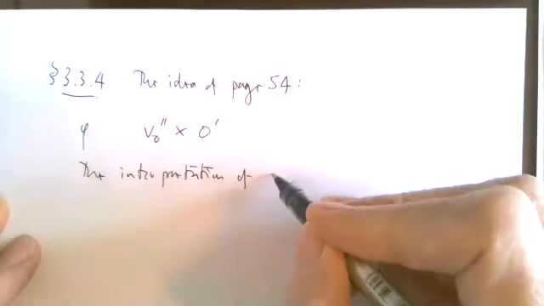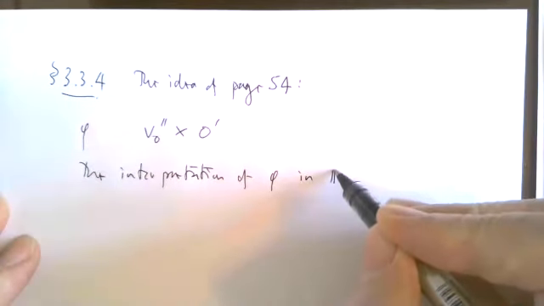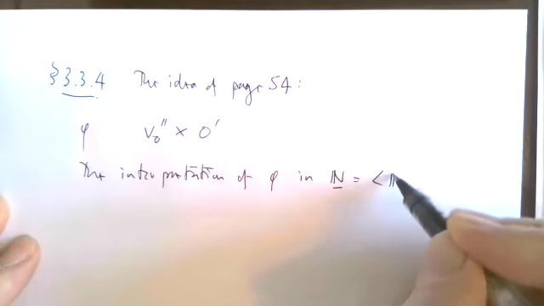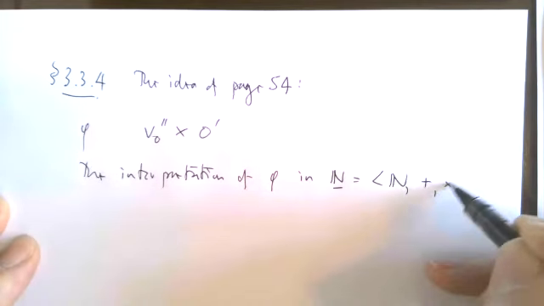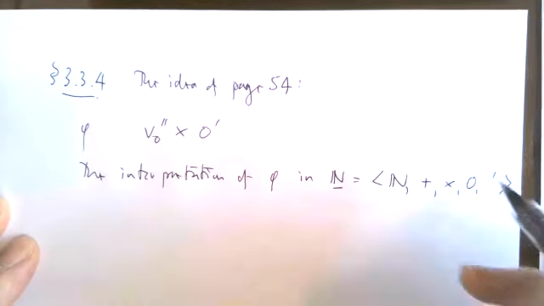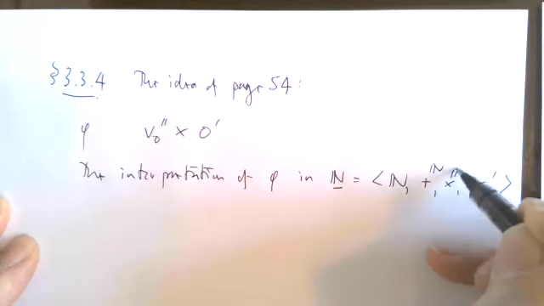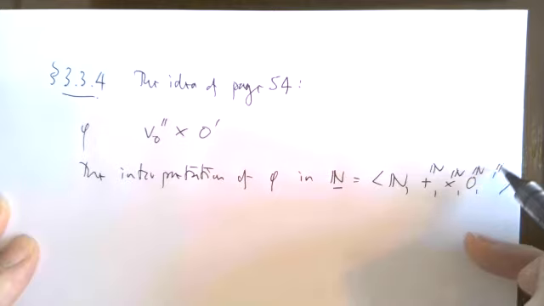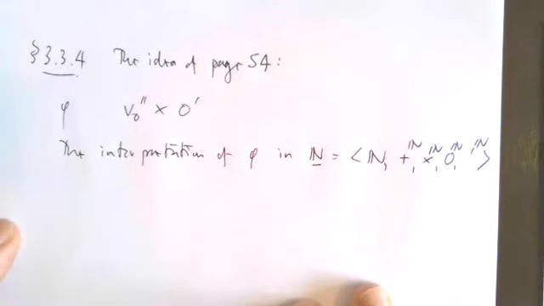let's call this phi, in, say, the natural number structure here, plus times 0 prime, and these are the real functions, these aren't just symbols. I won't always do these superscripts.